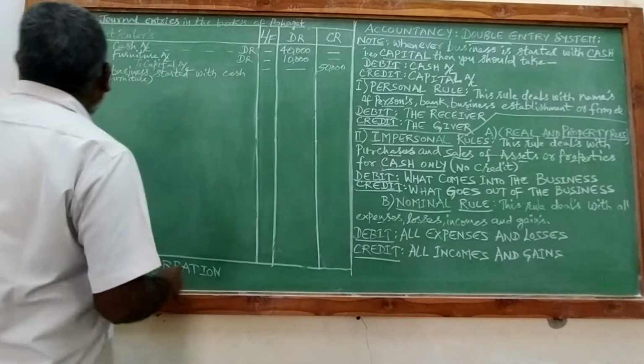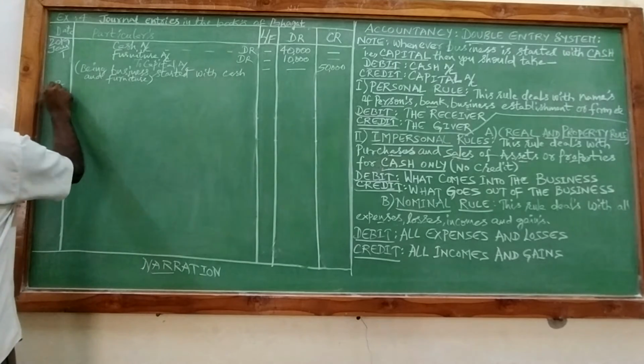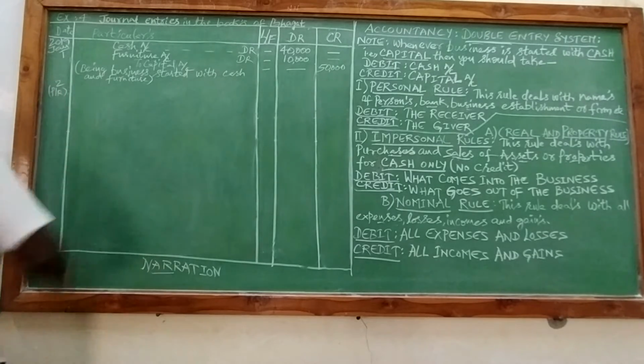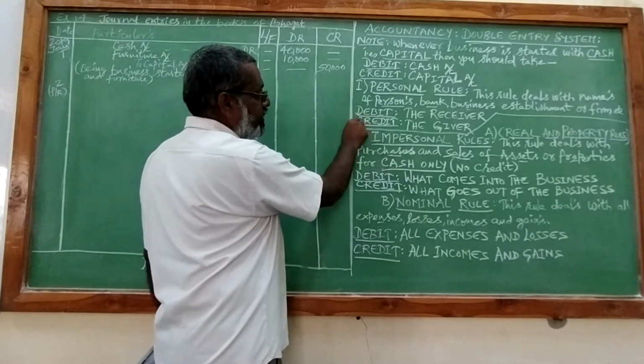So we will take the personal rule for January 2nd. For this, the formula is debit the receiver, credit the giver.